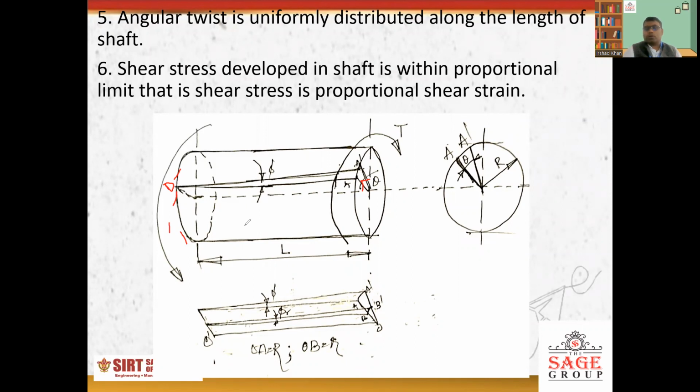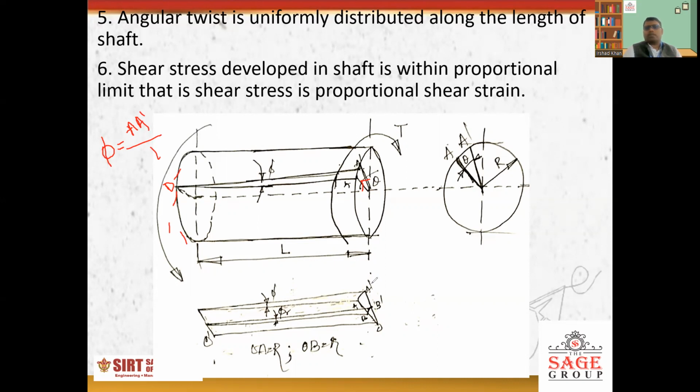I already explained that this will be a shear strain in the shaft, that is phi, and it is equal to AA dash upon the length of the shaft. So this is called the shear strain. You can find the shear strain from this formula.